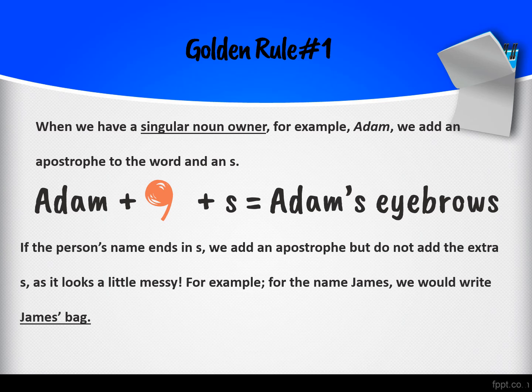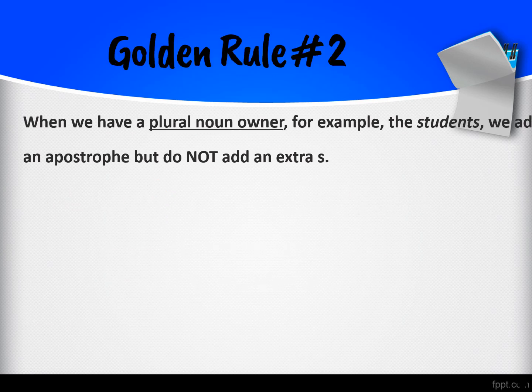If the person's name ends in s, we add an apostrophe but do not add an extra s as it looks a little messy. For example, for the name James, we will only add an apostrophe after James: James' bag. Next rule, when we have a plural noun owner, for example, the students, we add an apostrophe but do not add an extra s.